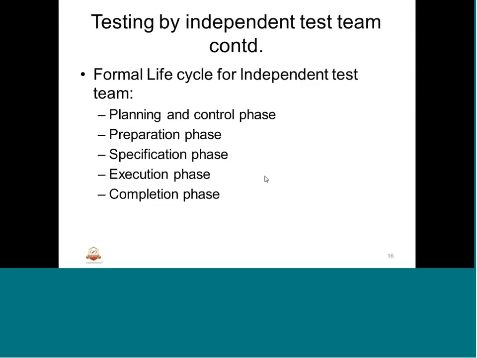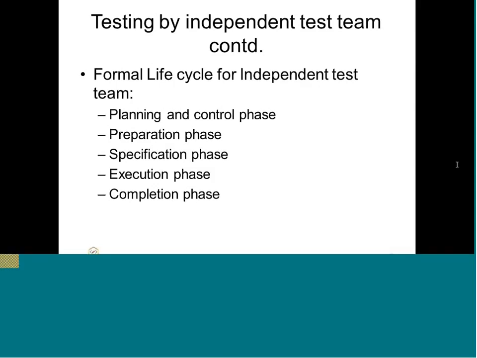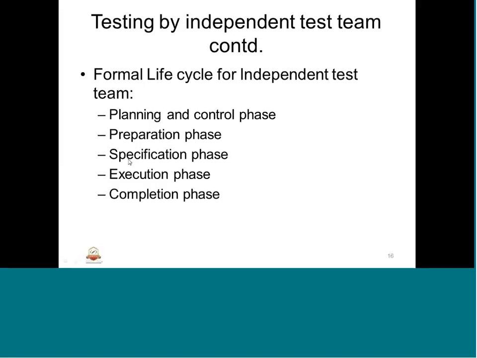Formal life cycle for independent testing. Basically, the life cycle phases for independent testing are explained here: planning and control phase, preparation phase, specification, execution, completion.